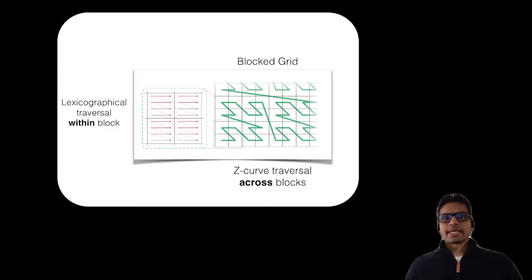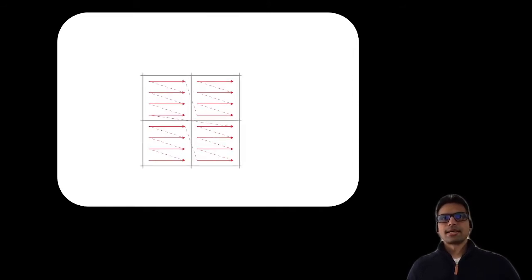So SPGrid in fact uses a hybrid ordering where it organizes data into blocks. Now entities within a block follow lexicographic ordering and blocks themselves follow a Morton ordering. So to understand how this indexing works, let's just look at four of these 4x4 blocks.